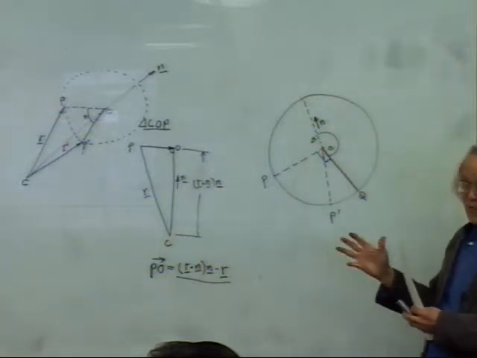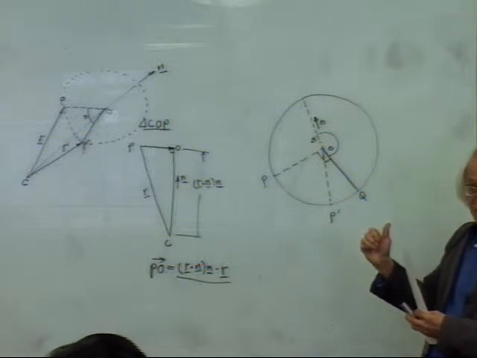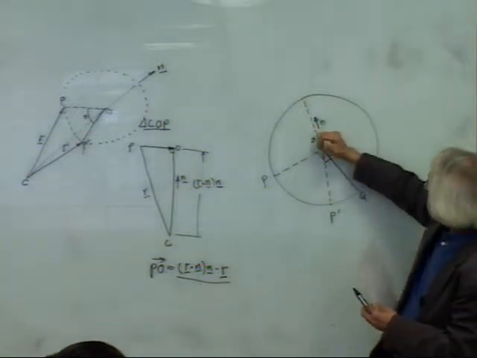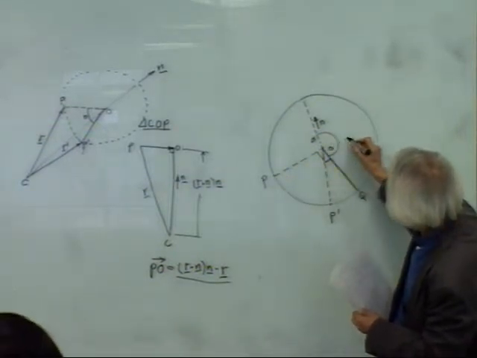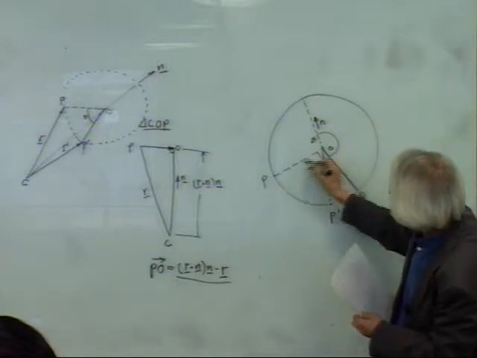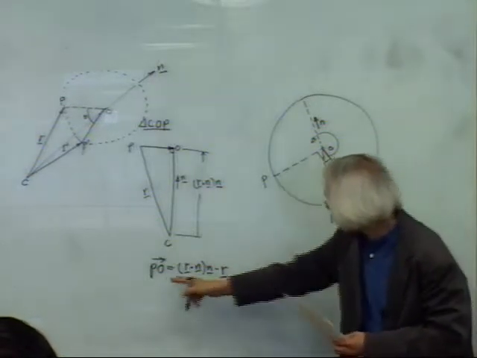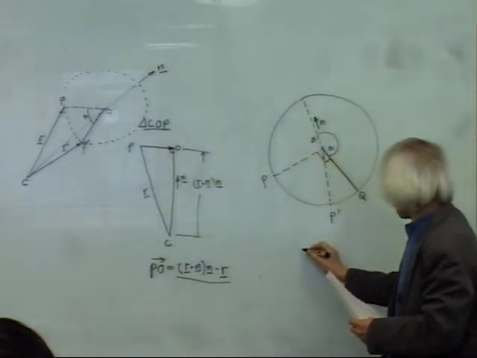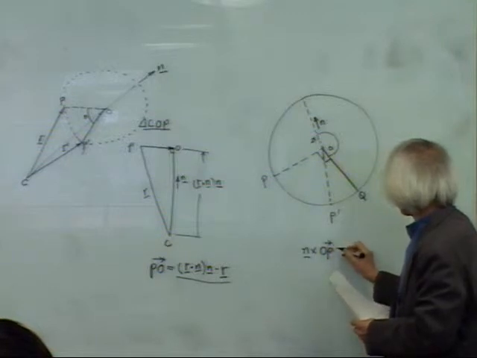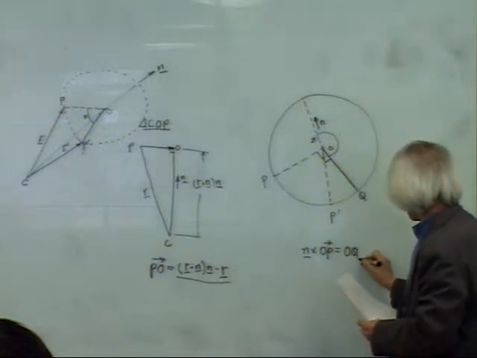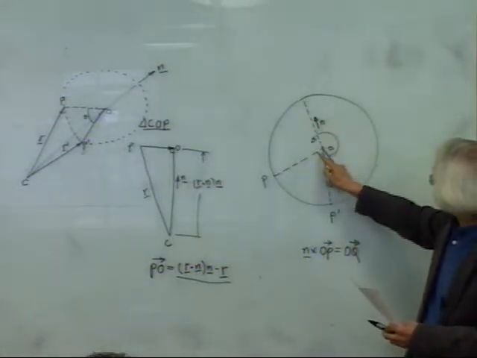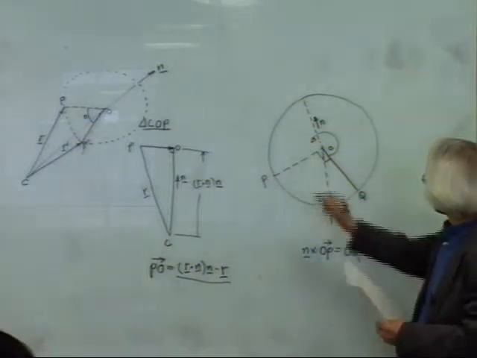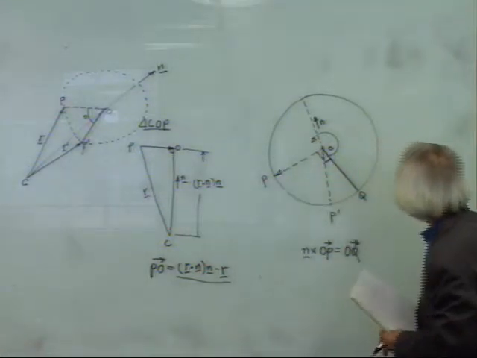Look, I cross J is K, K cross I is J. So if I take this N and the OP, not PO, OP, in other words, N cross OP will have OQ. Okay? Because this is a unit vector, this gets the magnitude and the direction. It's like that. Then I'll have OQ.